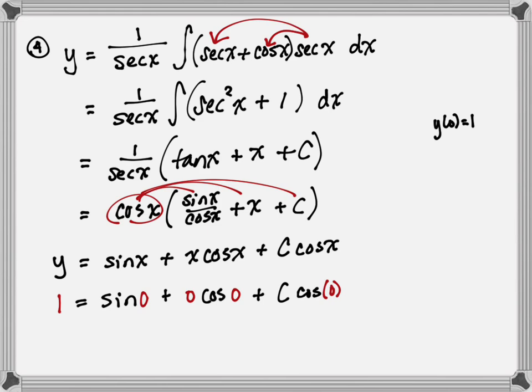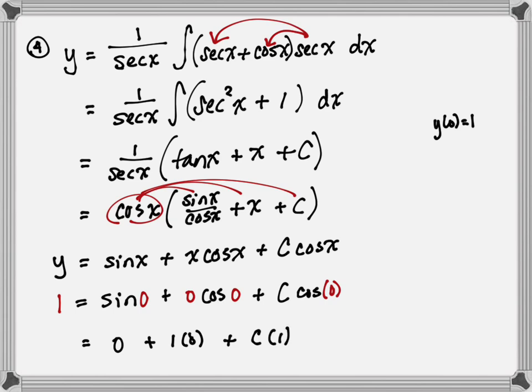Okay, so what is the sine of 0? That one's 0. What is the cosine of 0? Just that part of it. That's 1, but then it's multiplied by 0, right? So this is 1 times 0, which is 0. And then over here, I've got my c, and then the cosine of 0 would be the 1.